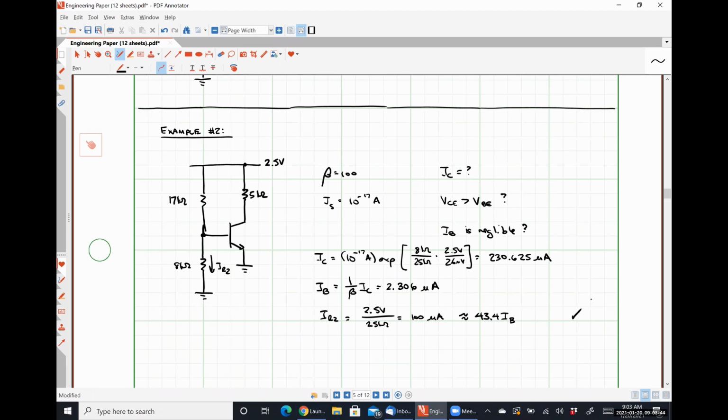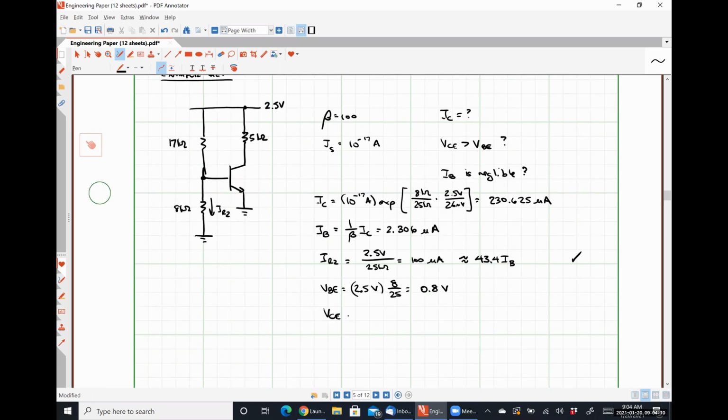So now we need to check VCE versus VBE. Well, VBE is just determined using voltage division. So that's 2.5 volts times 8 over 25 is 0.8 volts.